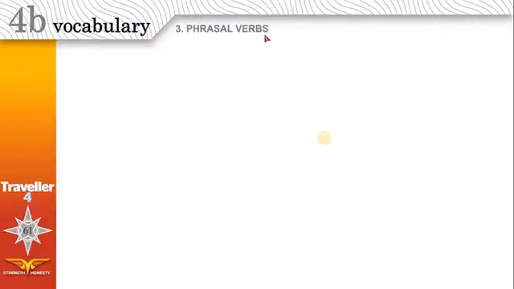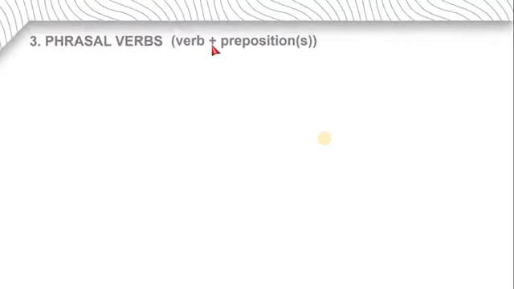3. Phrasal verbs. Phrasal verbs consist of a verb plus a preposition or an adverb. A verb is a word like look. Prepositions are words like up and to. We have 2 prepositions. Now these 3 words together give a special meaning.